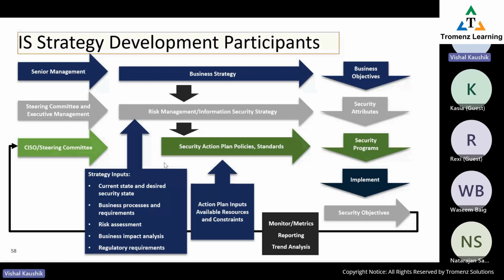One constant constraint is enterprise risk and capacity, which we'll talk about in module 2. But here, what we are seeing is the way the various participants intertwine and link into one another to help develop the IS strategy.